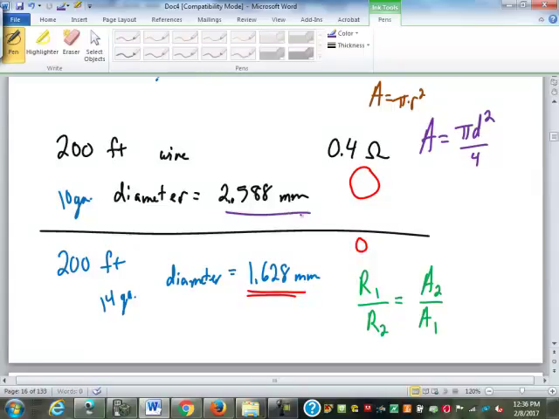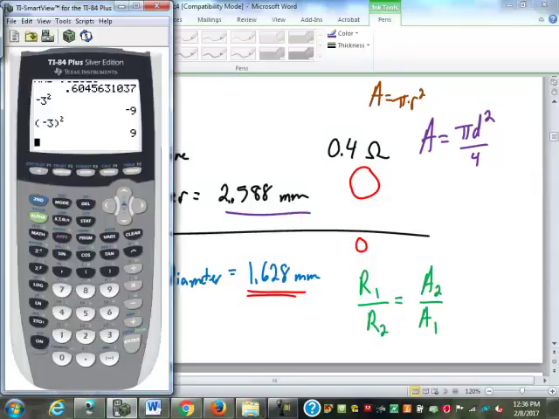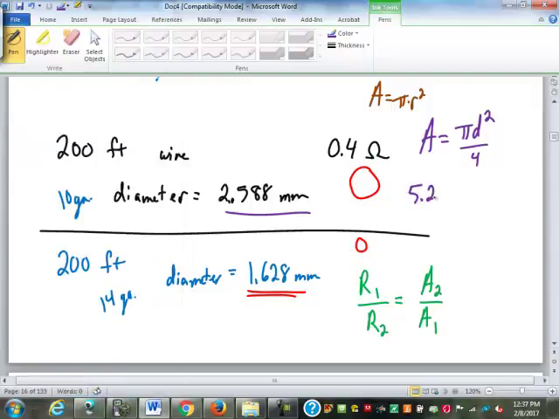So the area here, I'm just going to use 3.14 for pi, times 2.588 squared divided by 4. So 5.258 millimeters squared. That's that area.